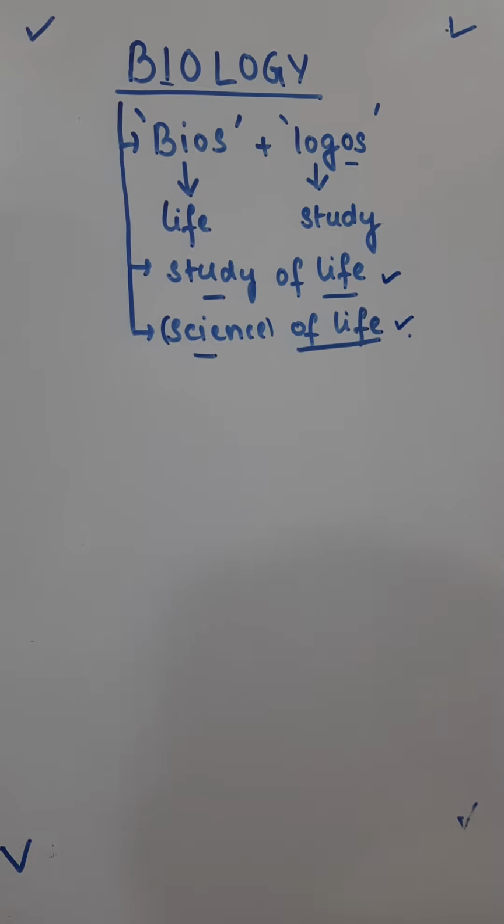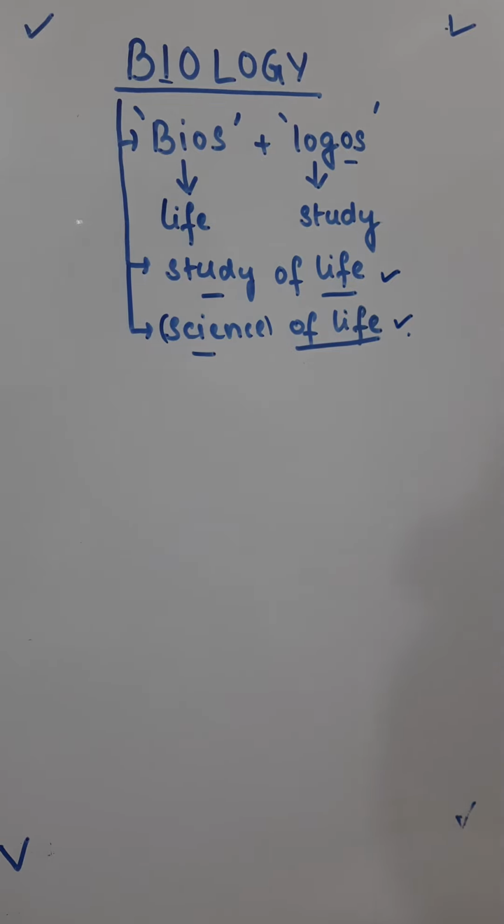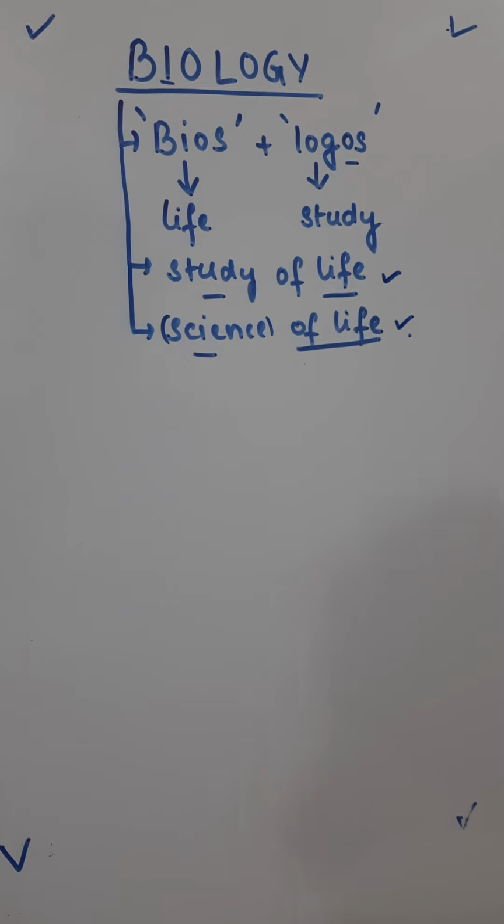Now, some of you may ask, ma'am, what is actually life? We know the examples of life: animals, plants, microorganisms, they are living. We call them living. These are the examples of living things, or anything that has life. So what is actually life? When do we call a particular thing living?